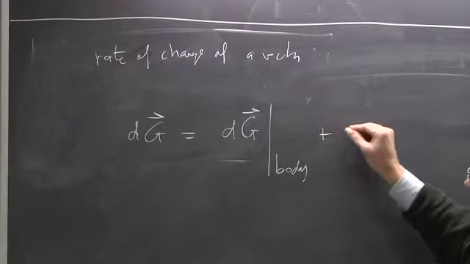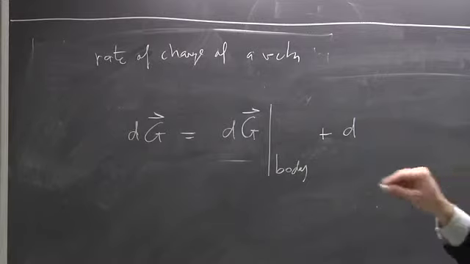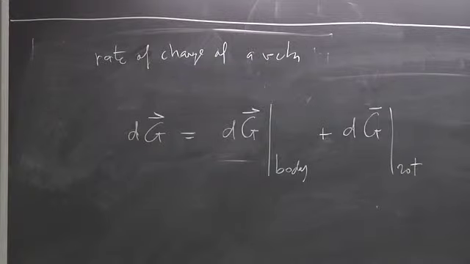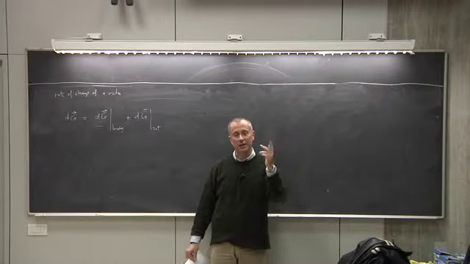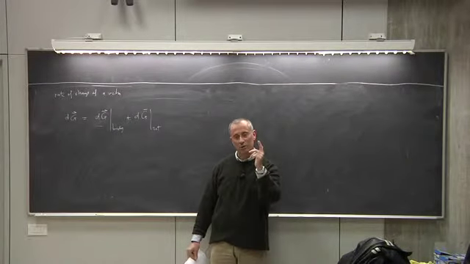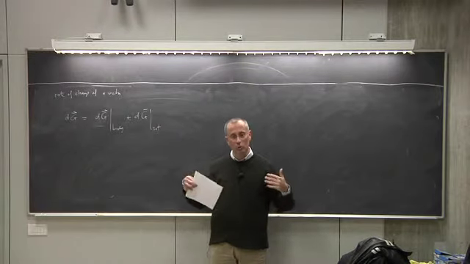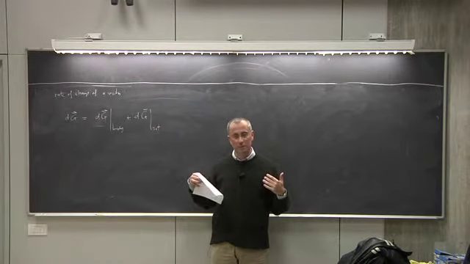But there is also a component that I call dG rotation: even if I'm not doing anything to this vector, the simple fact that our planet is rotating is changing that vector, with respect to an observer who is outside the planet.